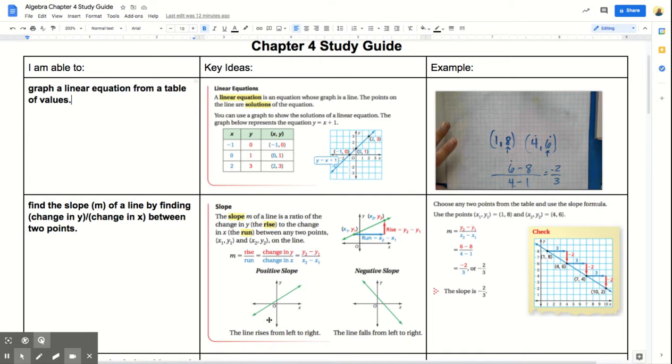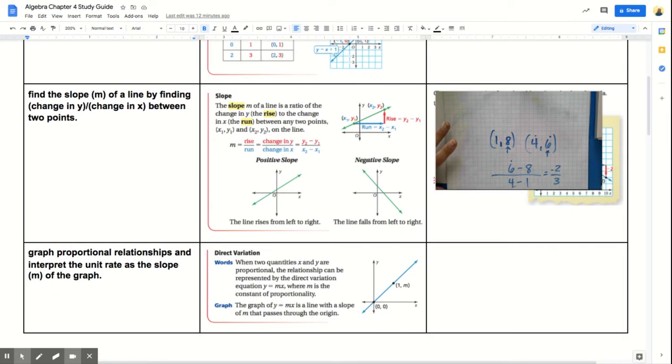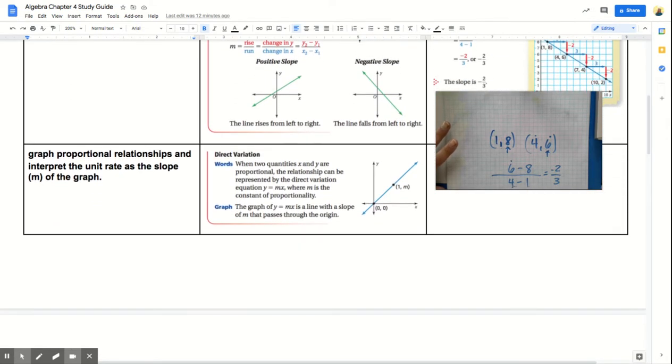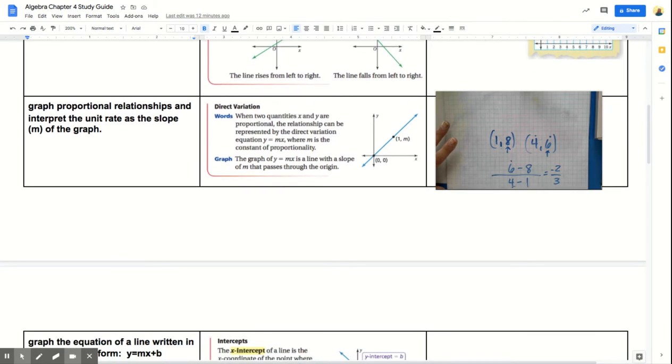Do take a quick look here and review that positive slope looks like that, negative slope looks like that. You should have that quick check in your brain all the time. Now, when you're graphing proportional relationships, remember it's always going to go through the point (0, 0). Your basic equation would be y equals mx. We don't have the plus b at the end like we would have in slope-intercept form because we know the y-intercept is going to be at 0.